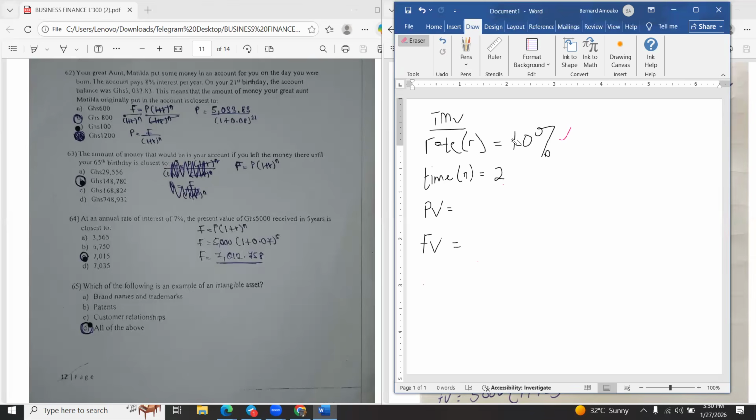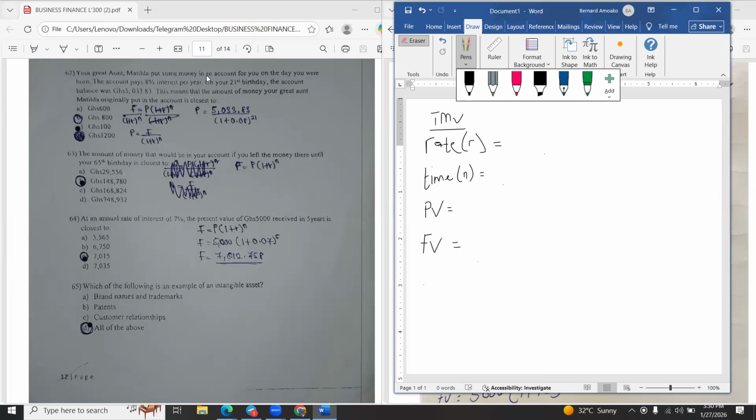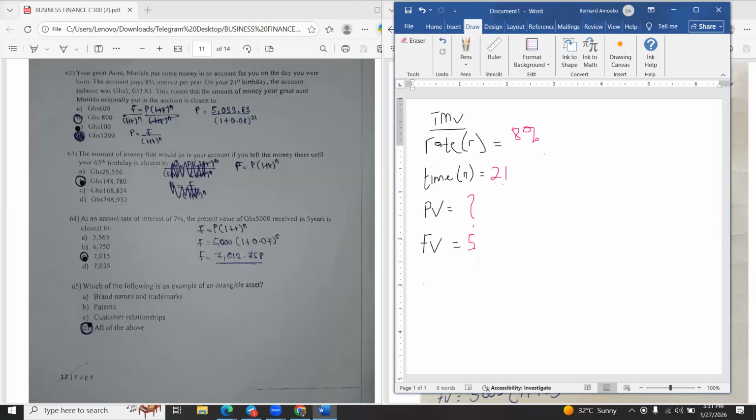Quickly, you know that they are asking you to find the present value. Why am I saying present value? Because your aunt saved an amount of money we don't know. They are telling me that when I am 21 years, which is the number of years, at an interest rate of 8%, in the 21st year, we would be finding this amount in our bank account.